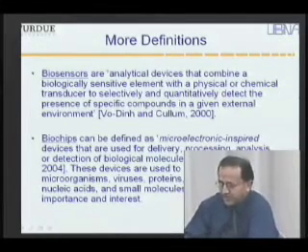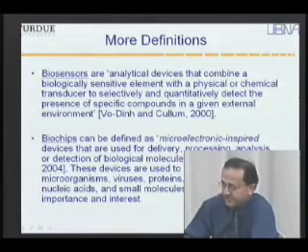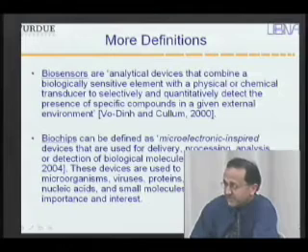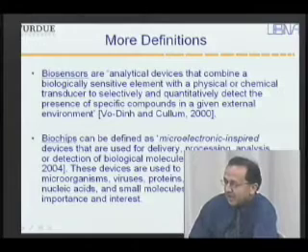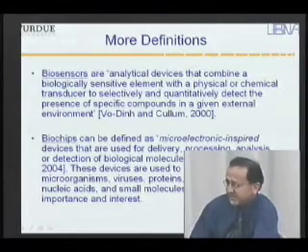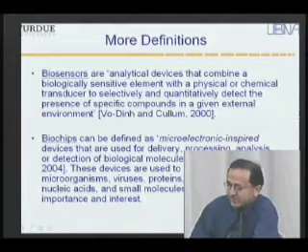So I will just define biosensors for you, and biosensors are defined as analytical devices that combine a biologically sensitive element with a physical or chemical transducer to selectively and quantitatively detect the presence of specific compounds. And similarly, biochips can actually be defined as what I would call microelectronic inspired devices that are used for delivery, processing, analysis, or detection of biological molecules and species.